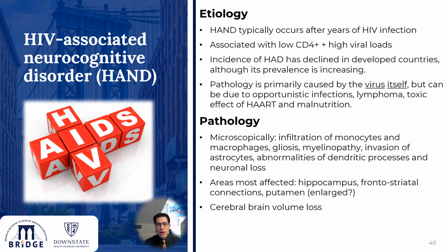The pathology is primarily caused by the virus itself and its invasion of neurons, but it can also be affected by opportunistic infections, CNS lymphomas, toxic effects of medication, and malnutrition. The areas most affected are the hippocampus, the frontostriatal connections, and the putamen. It's unclear why it picks these particular areas, and there is overall cerebral brain volume loss.